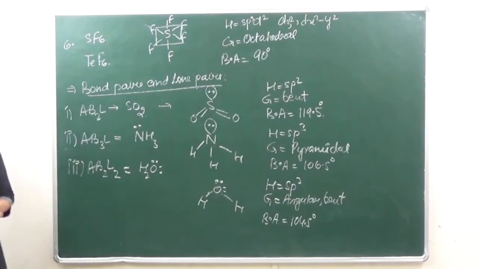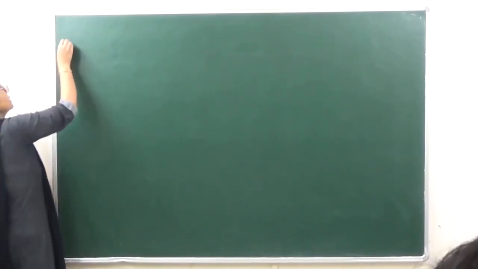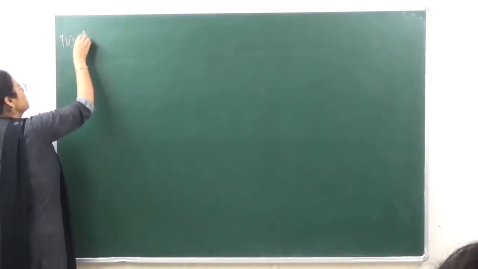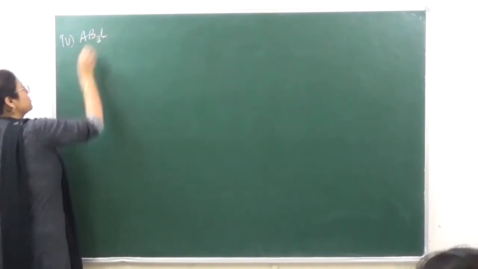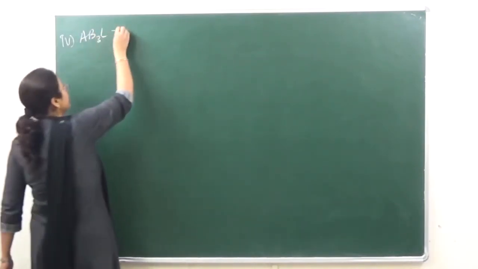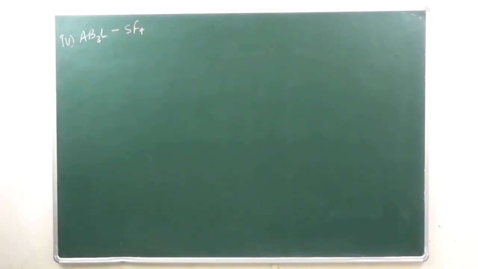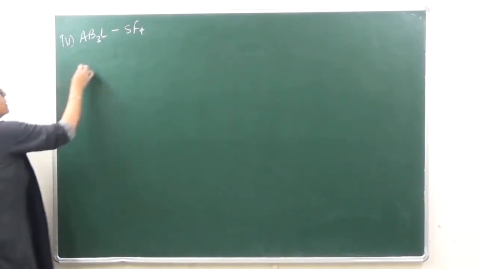Then next we go on to AB3L. In this case there are 3 bond pairs and 1 lone pair. Example which we can take is SF4. Now in case of SF4 there are 2 structures which are given for the direction of the lone pair.